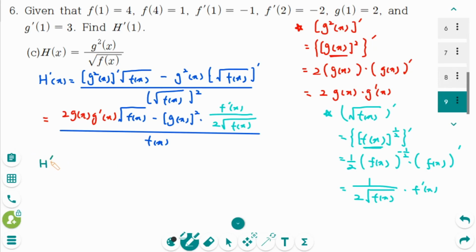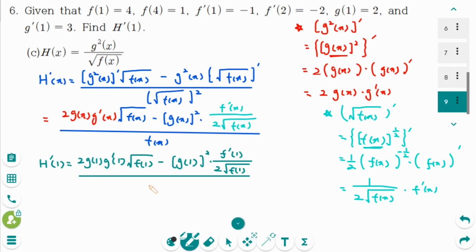Then h prime of 1 equals 2g of 1 times g prime of 1 times square root of f of 1 minus g of 1 squared times f prime of 1 over 2 square root of f of 1, over f of 1.